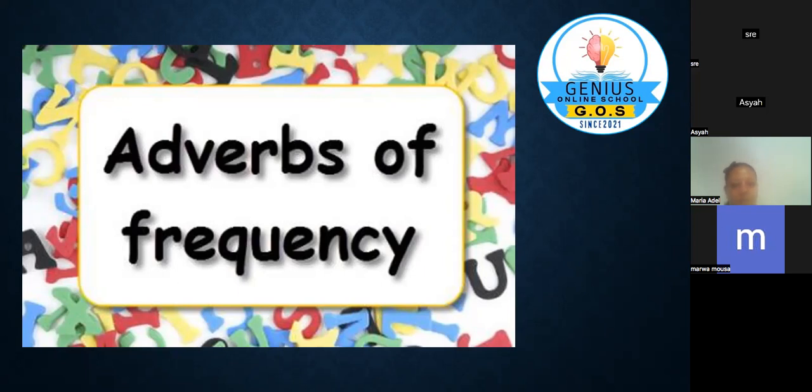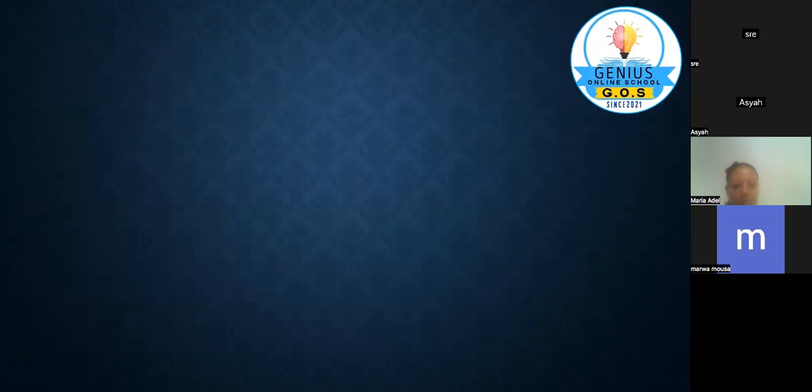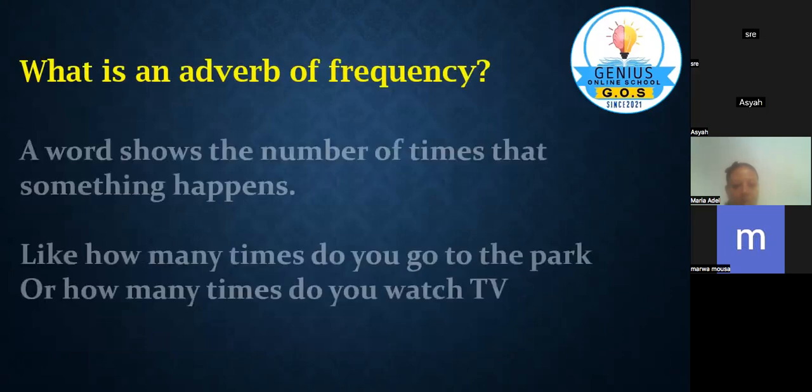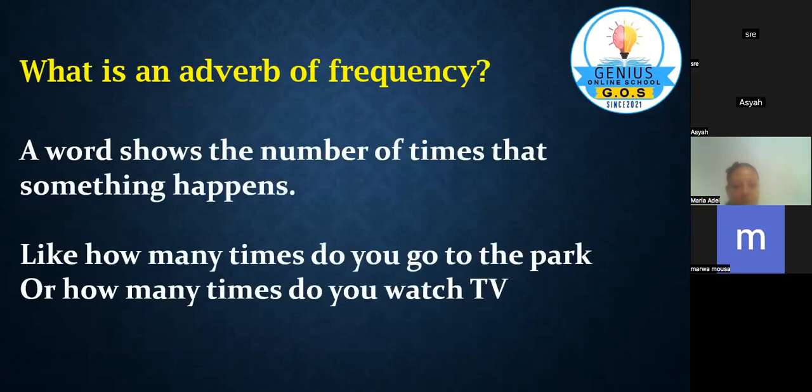What we can say also is that it's a word that shows the number of times something happens, like how many times do you go to the park, how many times do you watch TV. It's a word that shows how many times an action repeats or happens.